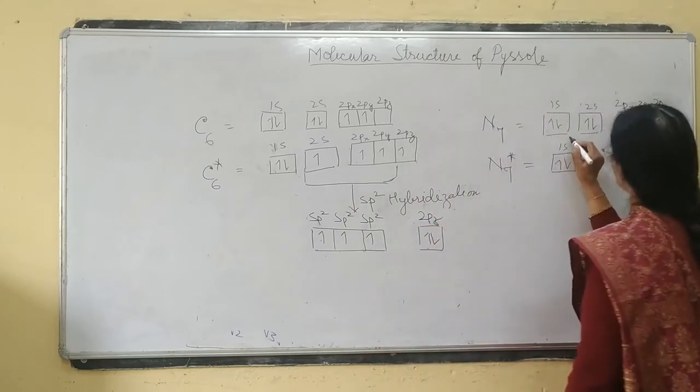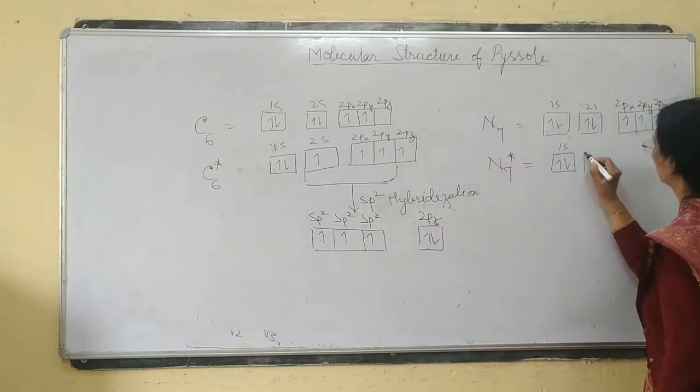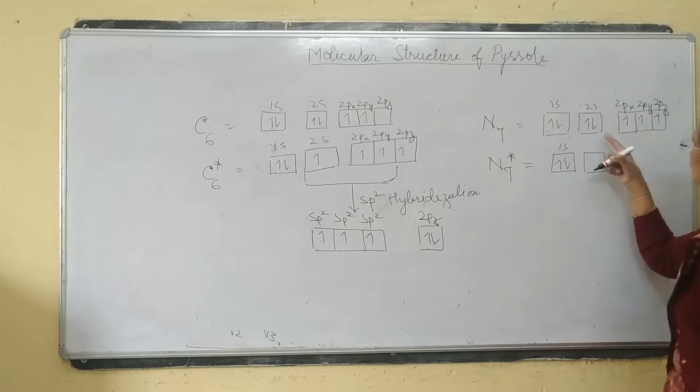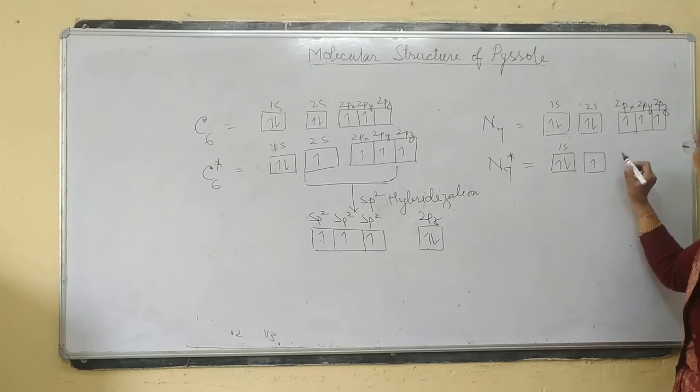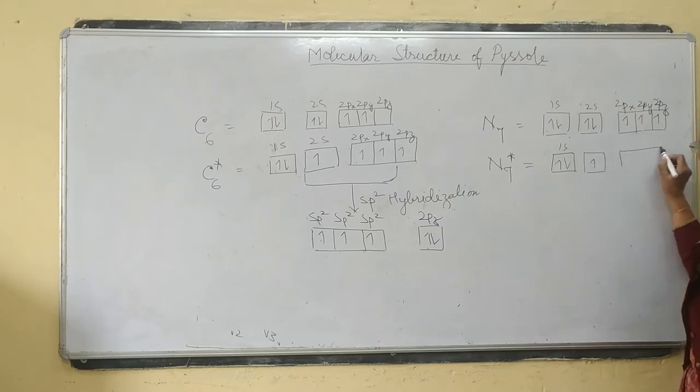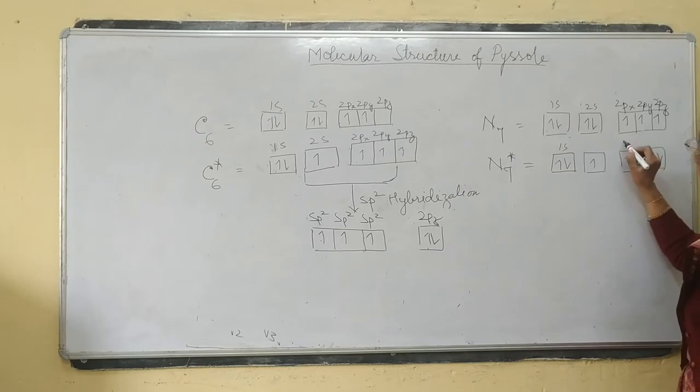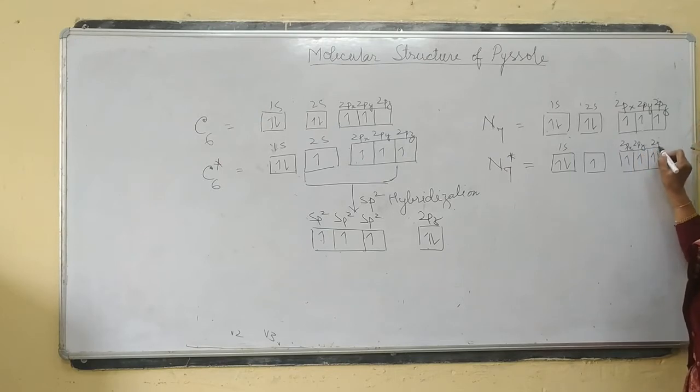2s2, one electron from this orbital goes to the 2pz orbital. 2px, 2py and 2pz.